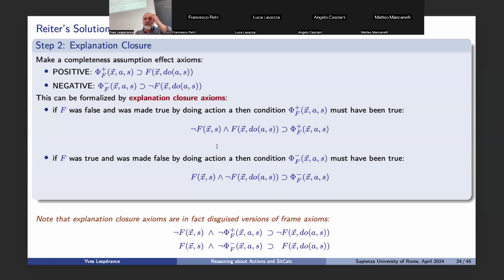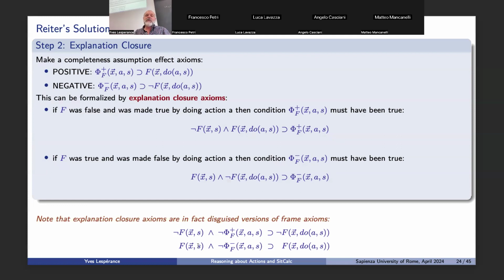Now it turns out that if you look at these explanation closure axioms, when you want to say that nothing else changed, you want to assume this. And these are easily converted to frame axioms. This is like saying, if I believe this, then I also believe this, because it's equivalent. This says that if F is false in S and the condition for it to become true is false, then it's still false afterwards.